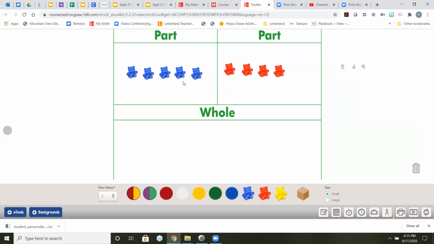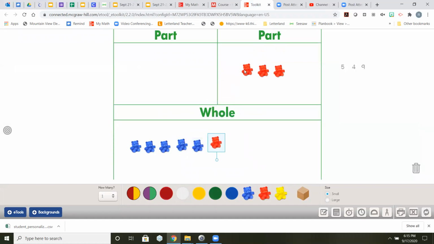So you take the two smaller numbers and put them in the part. And when you're ready for the whole, you bring them all down and put them together. When you put your 5 plus your 4 together, you're going to have 1, 2, 3, 4, 5, 6, 7, 8, 9. That's the third number in this fact family.